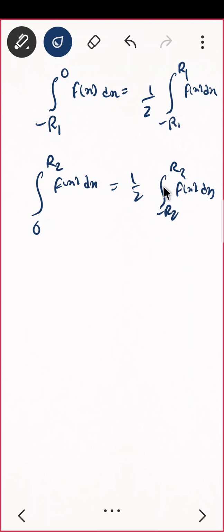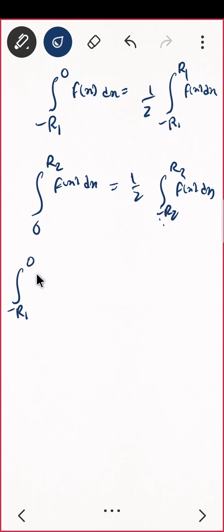You can do this by property of integral. See, the integral from minus r to r, since it is an even function, will be 2 times the integral from 0 to r. Do you remember the property of definite integral? I'm just using that only. Yes, so what do you see?